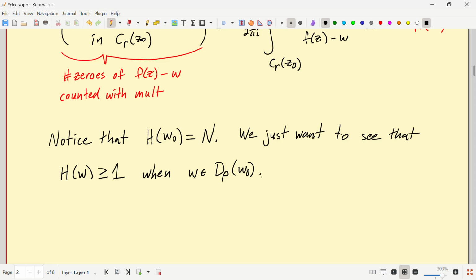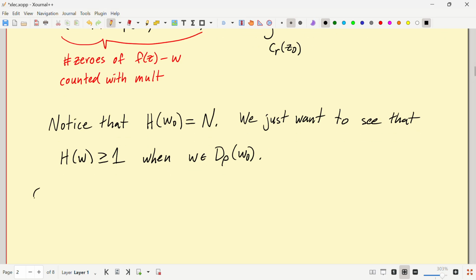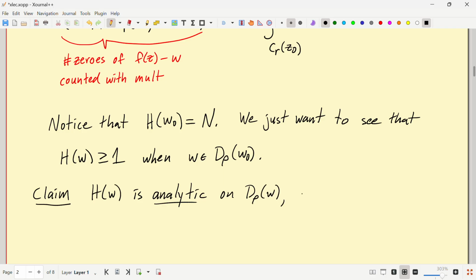Well, my claim right now is that actually h of w is analytic on that disk of radius rho about w, and so continuous.